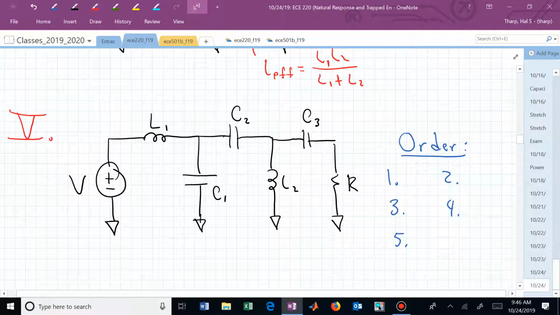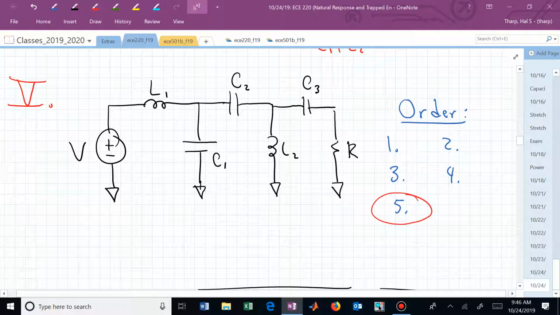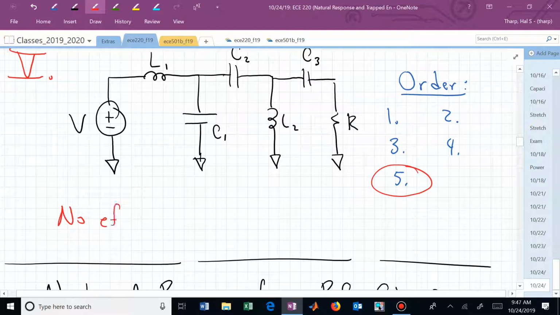It's actually all, isn't it? It's 5. There's no way of combining, no effective L's or C's. Aren't there 5? 1, 2, 3, 4, 5. There's 5 energy storage elements. None of those L's and C's can be in parallel or series, in pairs or triplets or however. It's just not happening. So we have no effective L's or C's.